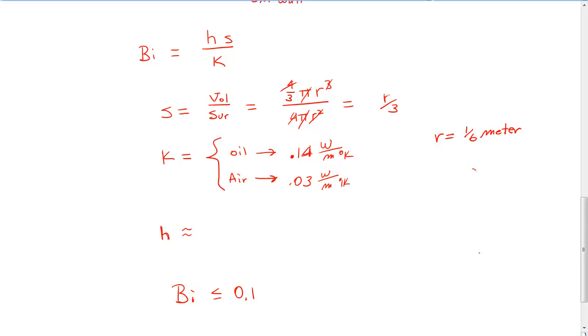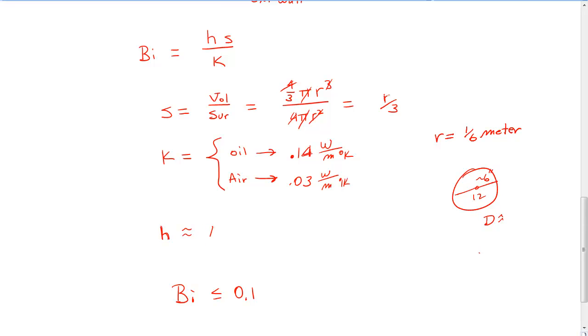The way I got that is I started thinking that maybe it was about 6 inches, roughly 6 inches, which would be a diameter of a foot, so this would be 12. You stack that up and you end up with 1/6 of a meter is about 6 inches roughly.